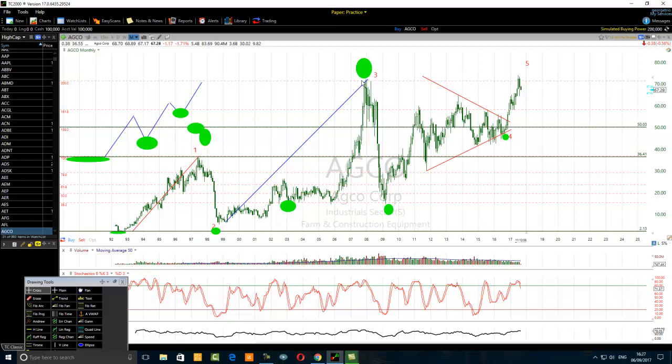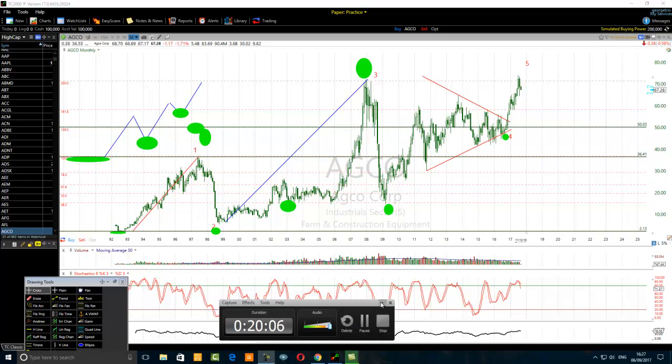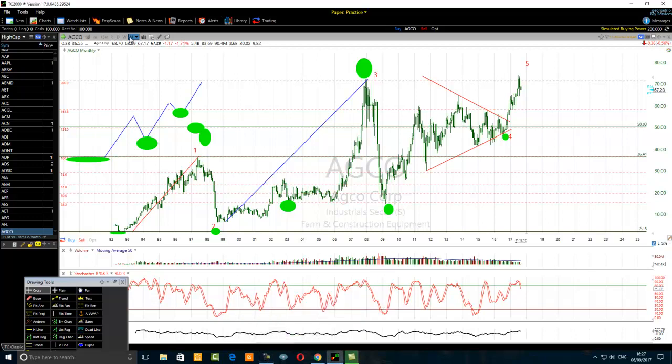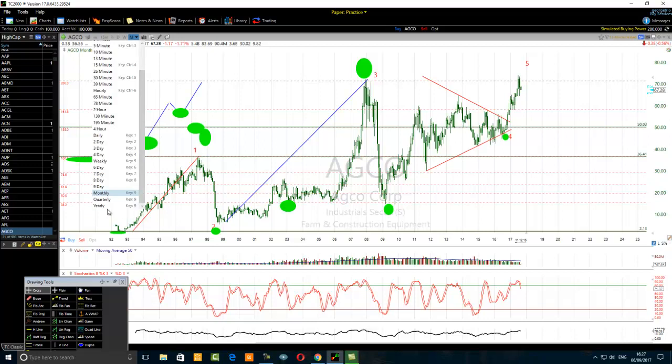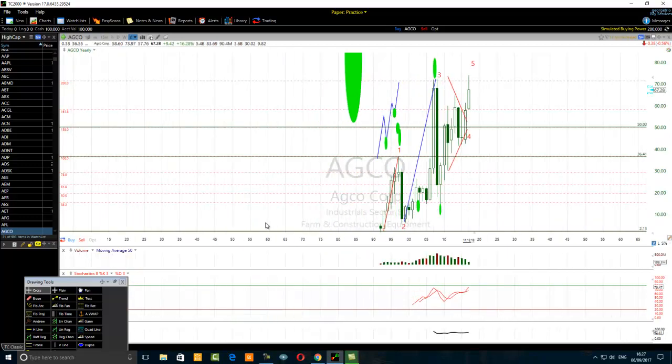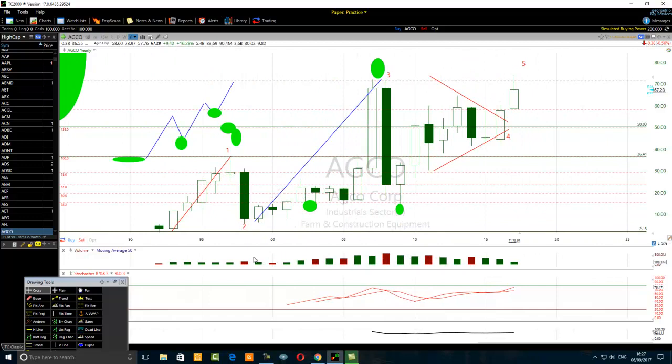Very often, and this is a good example, that's why I'm recording this video today, the fourth wave is a distortion. If the fourth wave is a sharp correction, especially if you are counting your wave on a higher degree, first wave of a higher degree, second wave of a higher degree, third wave of a higher degree, you will see sometimes, if you're on a higher time frame like a yearly chart, you may see a sharp correction.